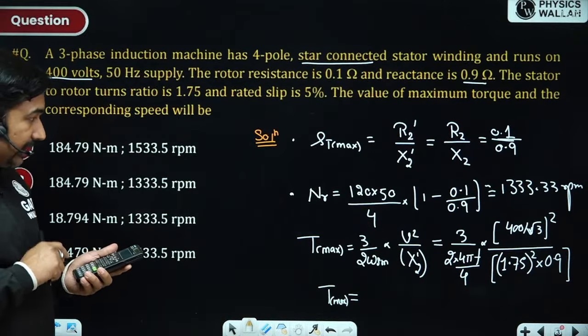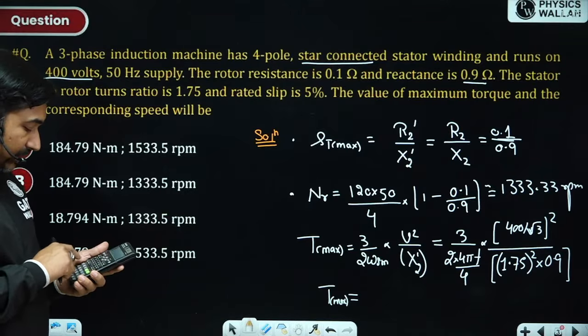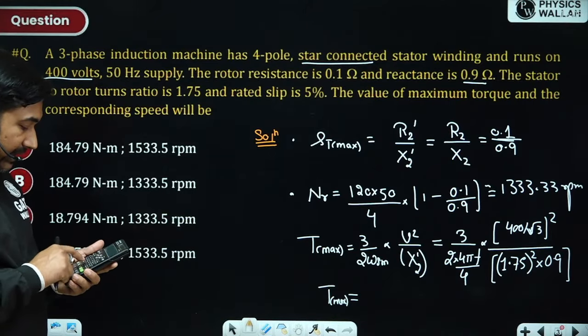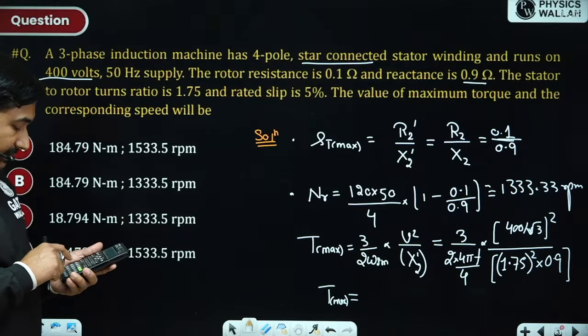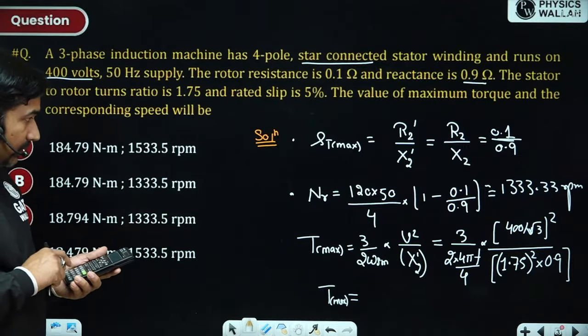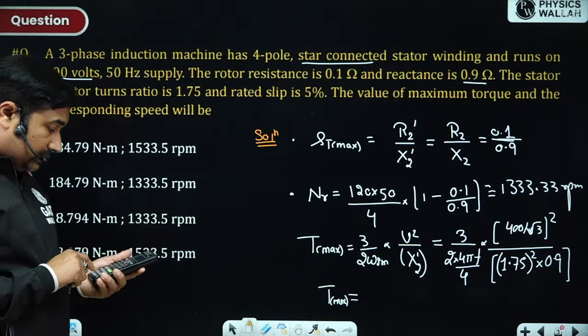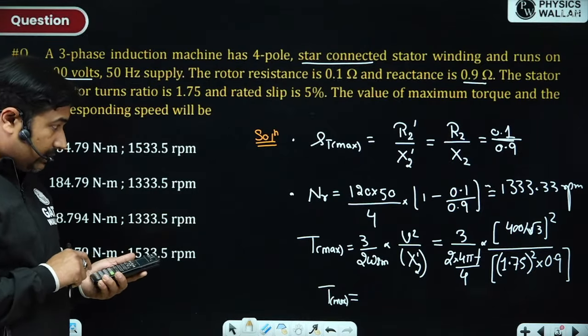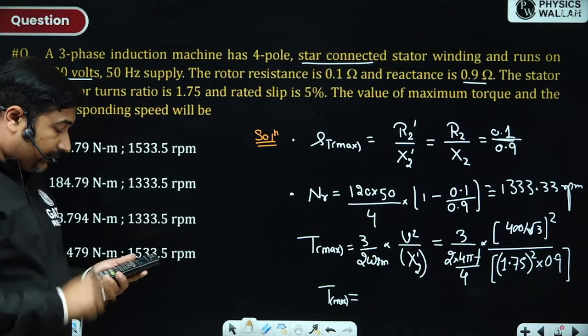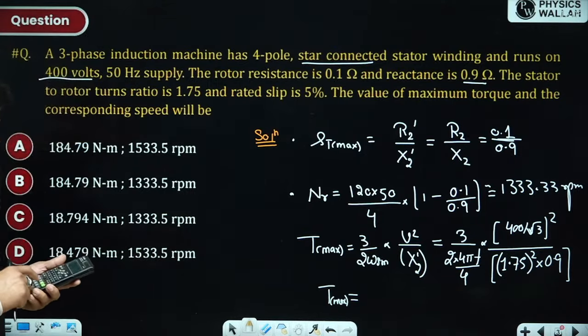400 by root 3 square divided by 1.75 square into 0.9, and 3 by 2, into 8 pi by 4, by 50.